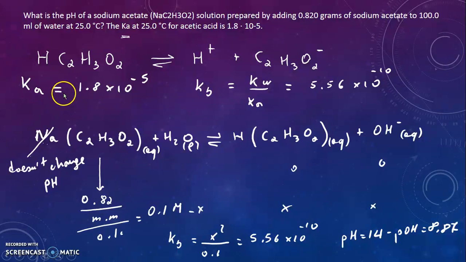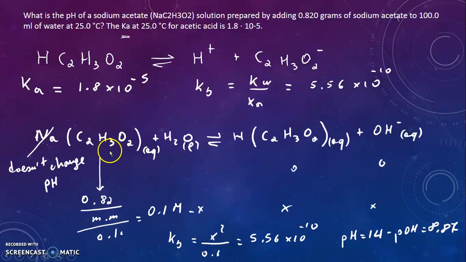So when you calculate your Ka, it should be the concentration of H plus times the concentration of your acetate anion divided by the concentration of your acetic acid. This ratio will give you 1.8 times 10 to the negative 5. So keep it aside, keep it in mind, and go back instead to what they are giving you.